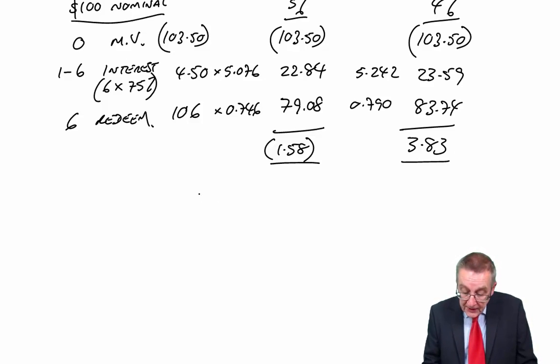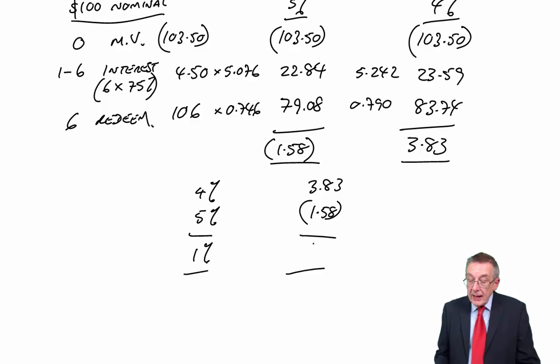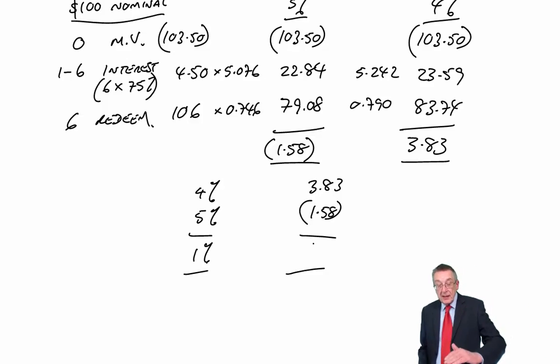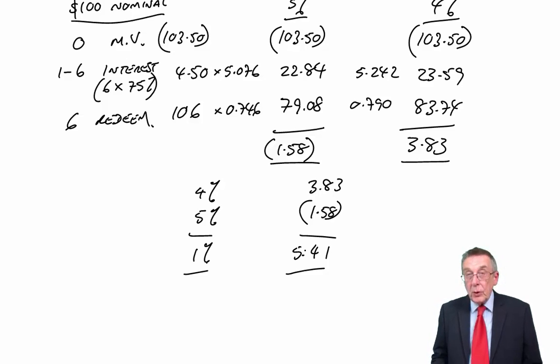At 4%, the NPV was 3.83. At 5%, the NPV was 1.58 negative. And so over a change of 1% interest, the NPV fell from +3.83 to -1.58. It falls by 5.41.